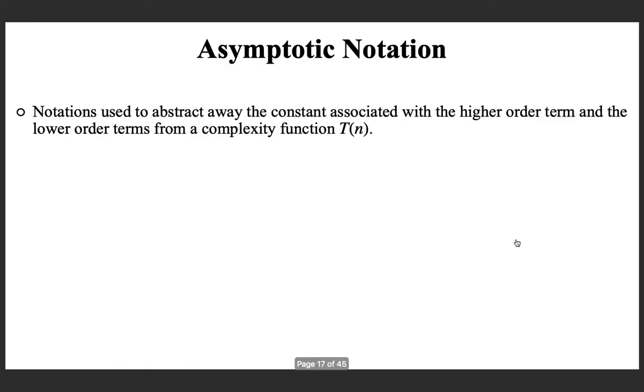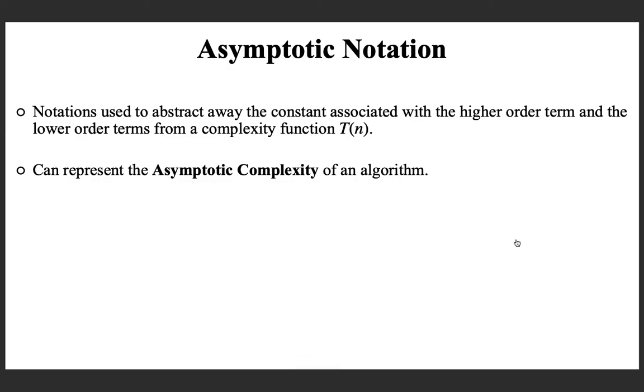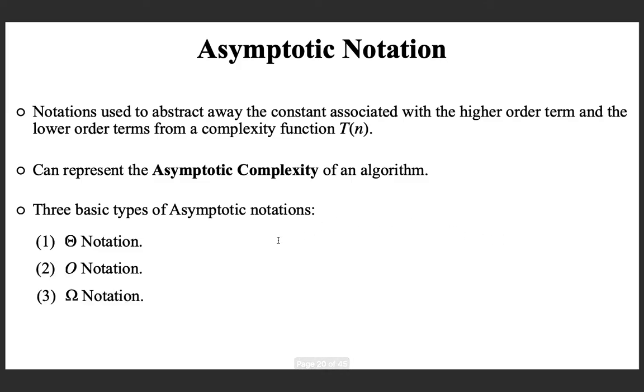And this is made possible with what is called asymptotic notation, and which can basically help us in representing the complexity as asymptotic complexity. And there are basically three types of asymptotic notations, and they are theta notation, big O notation, and omega notation.